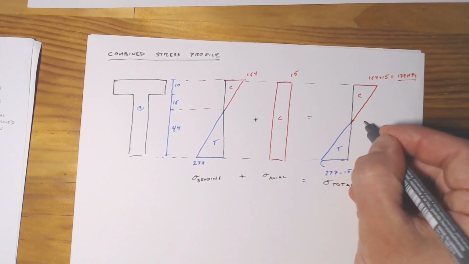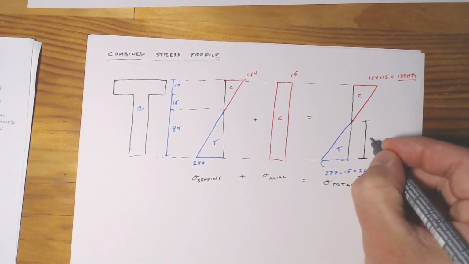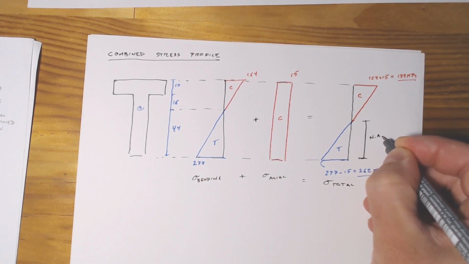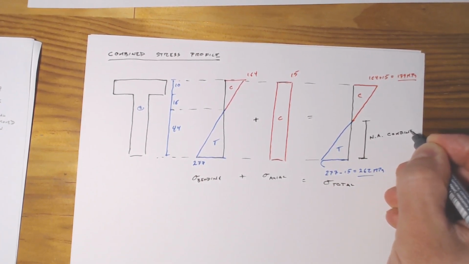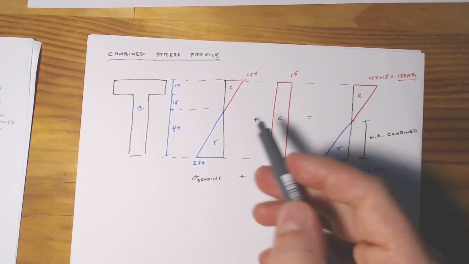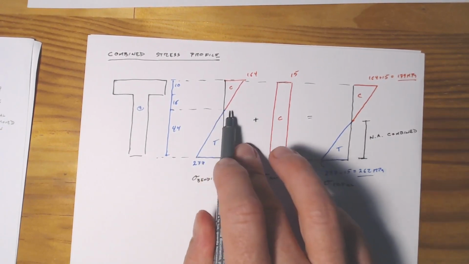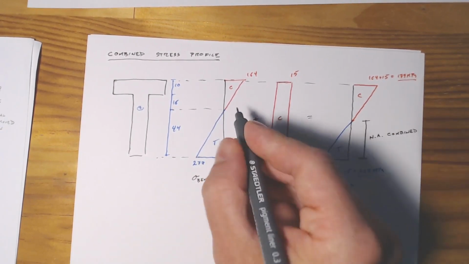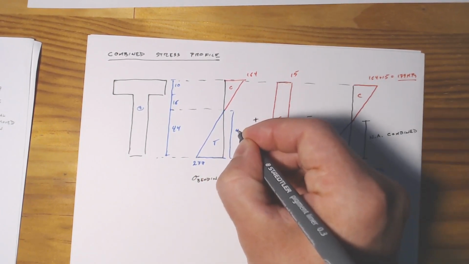And so the only thing we need to do is work out the neutral axis combined. Because we've added more compression, this goes out, because we've got a linear stress distribution. It means that our neutral axis has shifted down from 44 to something less.